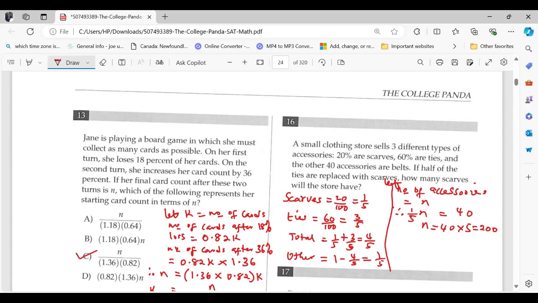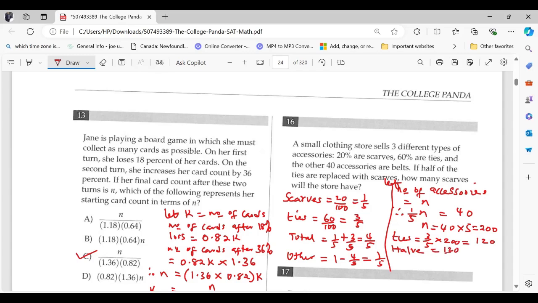Okay, so now it says if half of the ties are replaced. Now ties will be 3 over 5 of 200, which is 120. Half will be 60.